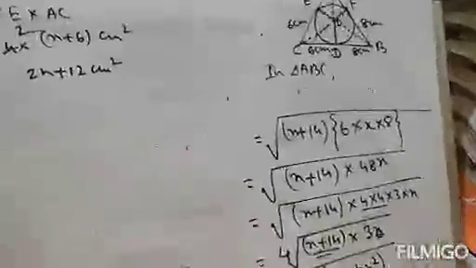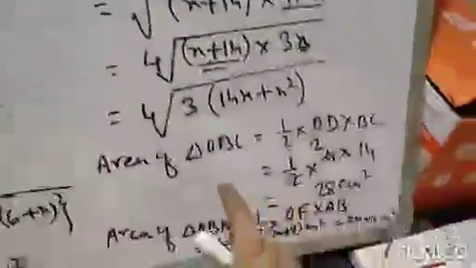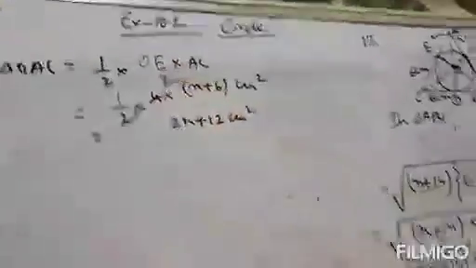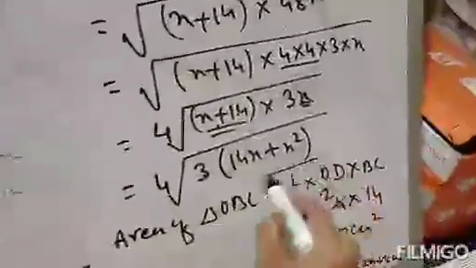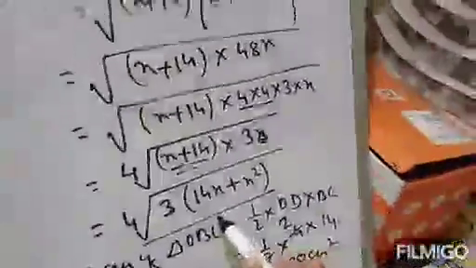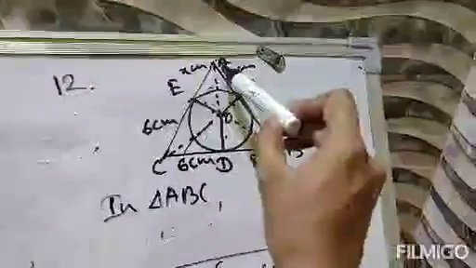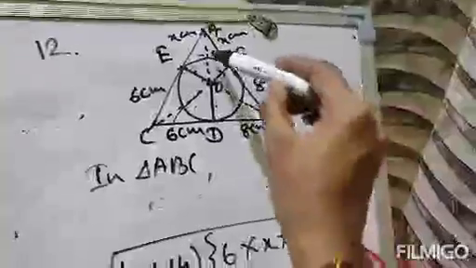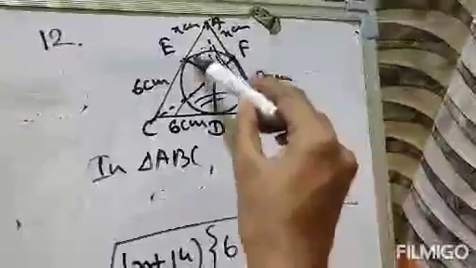So the sum of the areas of these three triangles, that is OBC, OBA and OAC, will be equal to this. Listen carefully. The area of this total triangle ABC, we have got this, and it will be equal to the sum of the areas of this triangle, this triangle and this triangle.